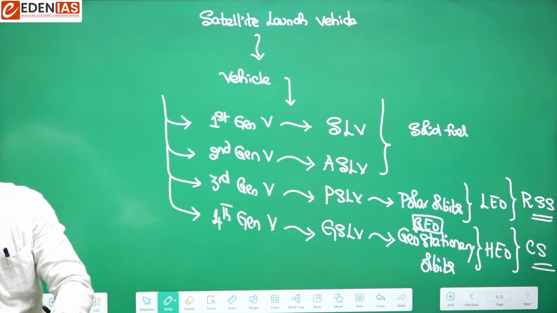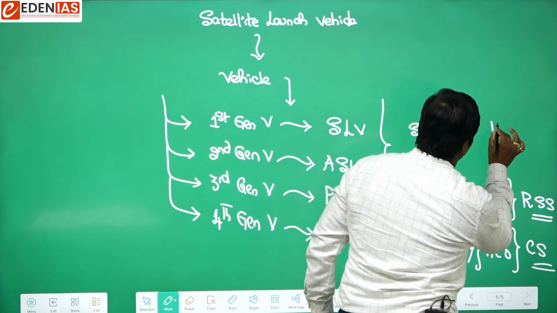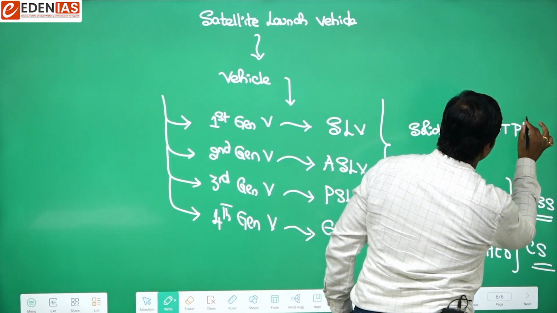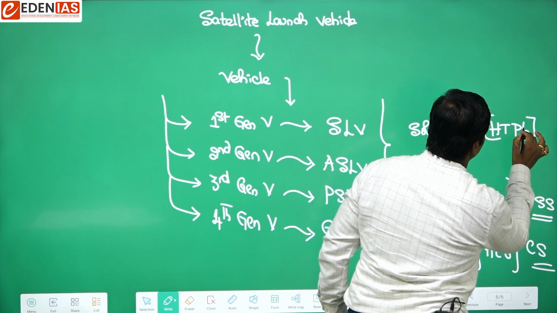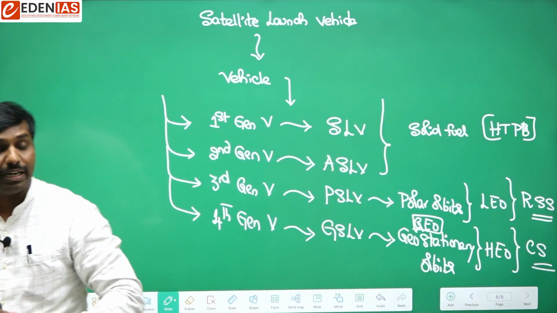With respect to SLV and ASLV particularly, we relied on solid fuel. The kind of solid fuel generally used is something called HTPB. So you can remember it by writing solid fuel HTPB.